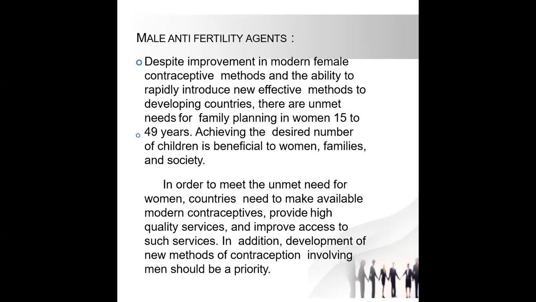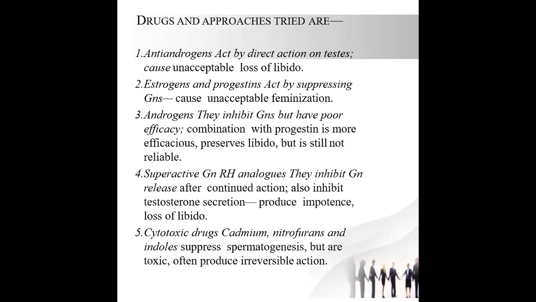In order to meet the unmet need for the women, countries need to make available modern contraceptives which provide high quality services and improve the access to such services. In addition, development of new methods of contraception involving men should also be one of the priorities. Hence, male anti-fertility agents also are available in the market for their use.